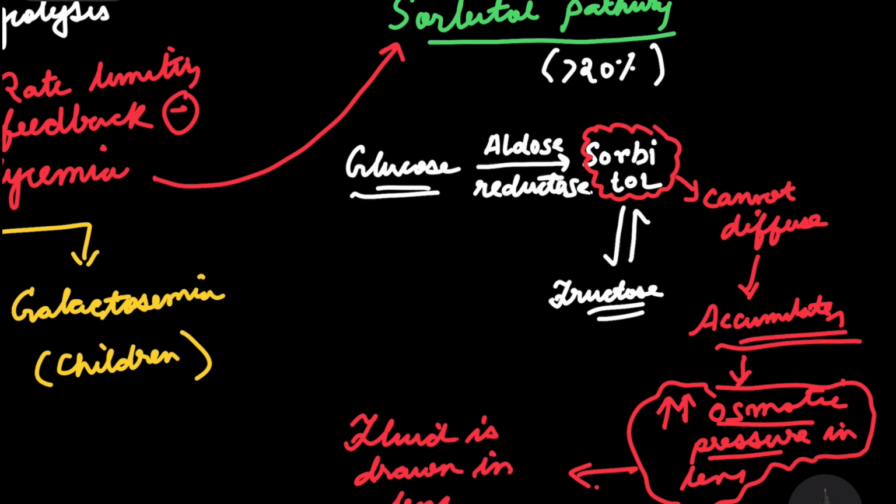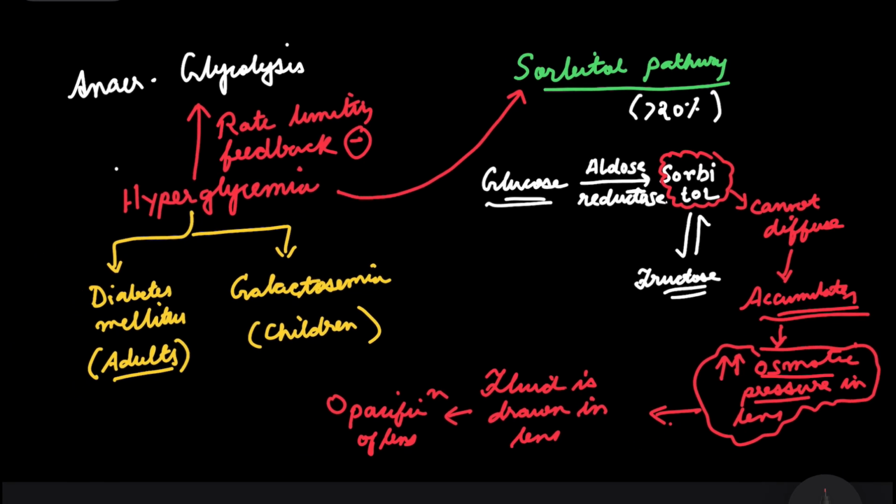And what will this lead to? If fluid keeps on being drawn inside the lens, this will lead to opacification of the lens. And what is the opacification of lens known as? I have already told you. This is known as cataract. Cataract formation. This is actually a special form of cataract known as sugar cataract.